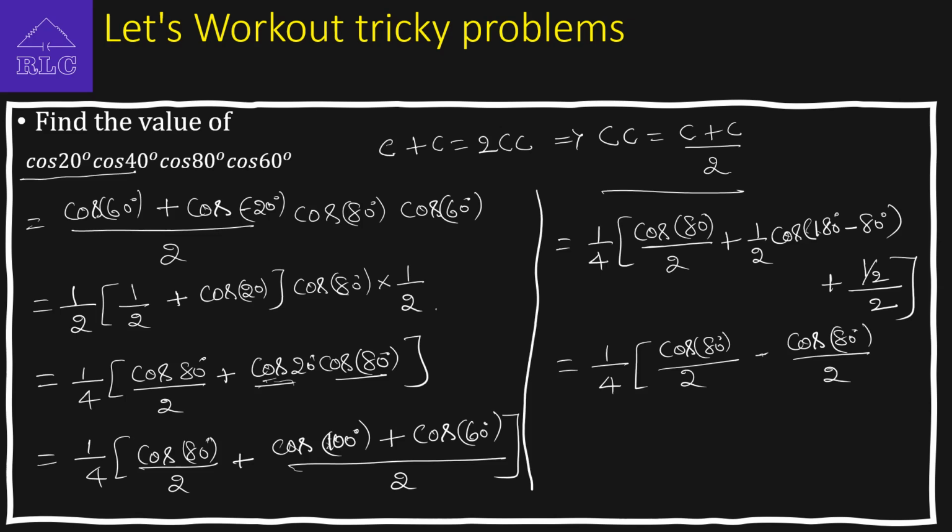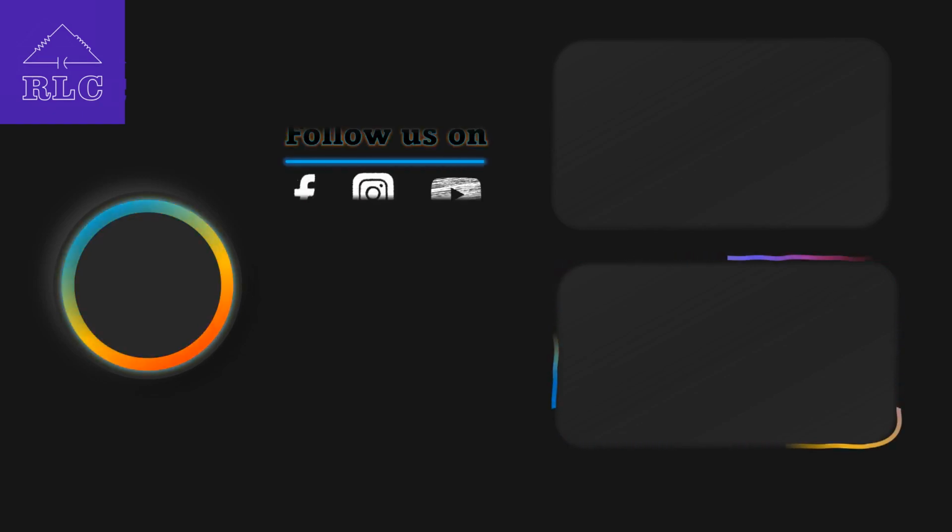Plus 1 by 4 you'll get. So these two get cancelled. 1 by 4 into 1 by 4, we will get it as 1 by 16. This is the answer.